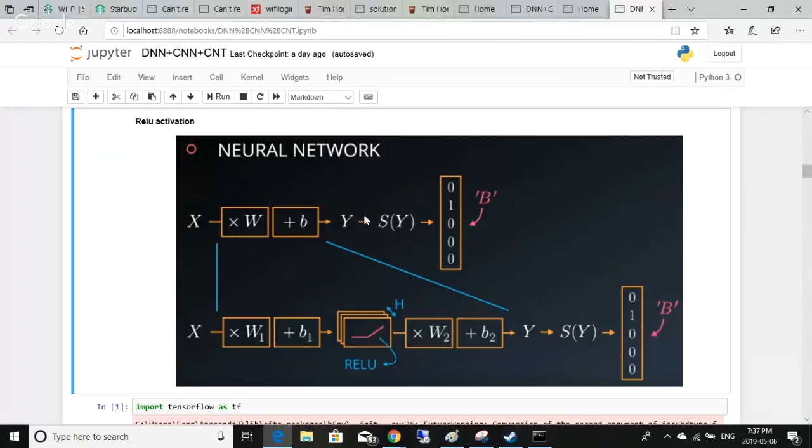Instead of just doing one linear unit, you have a linear unit connected to ReLU, connected to another linear unit. Then you have your softmax here, and you get the one hot encoding.